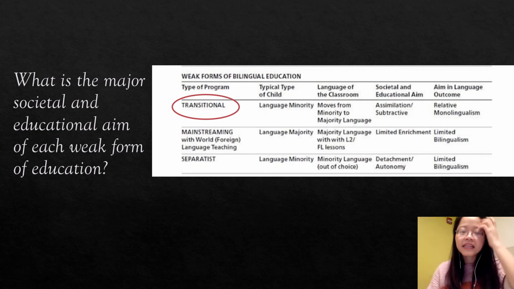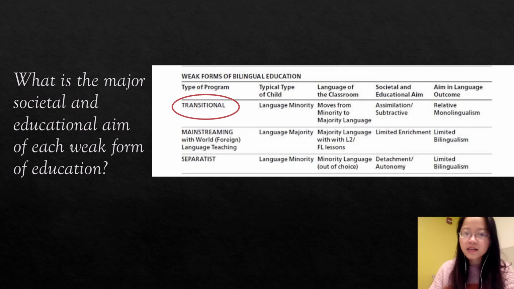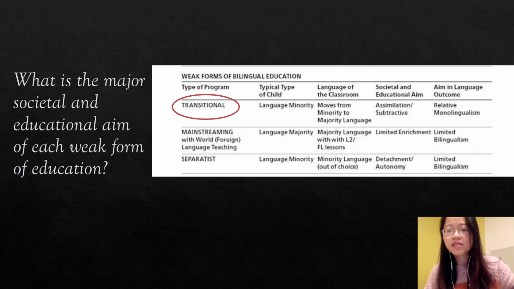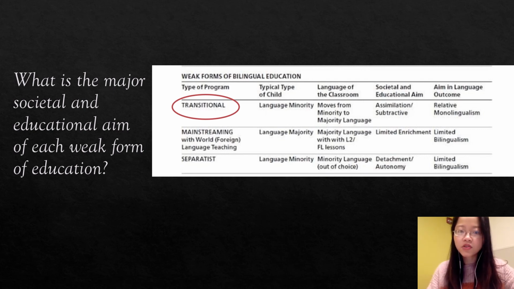Another is the late access model. Generally, this model delivers less than half of the student's instruction in their primary language. Unlike the early access model, more time and attention is given to mastering literacy in the student's primary language to support the new learning in the second language.